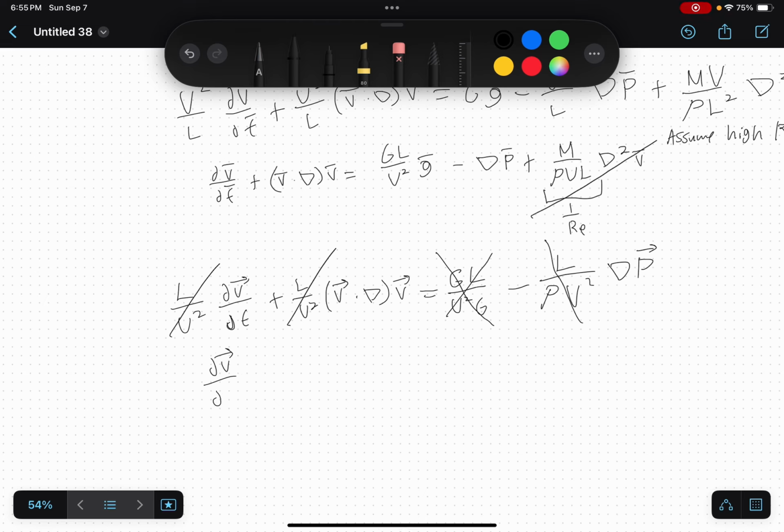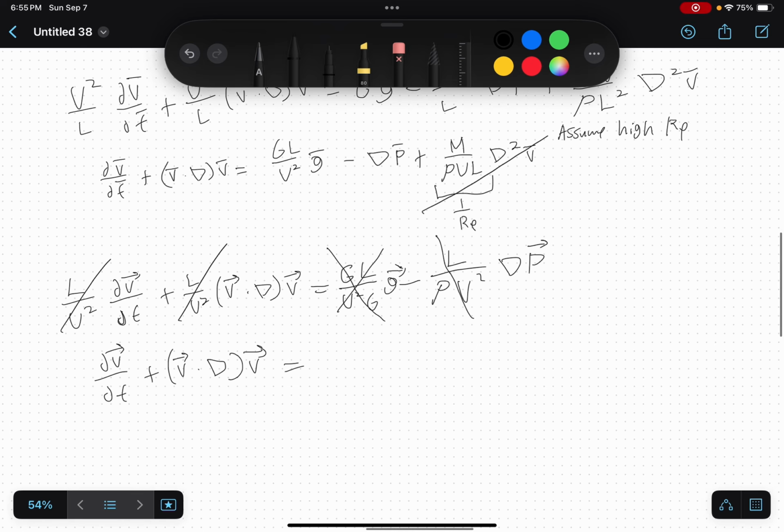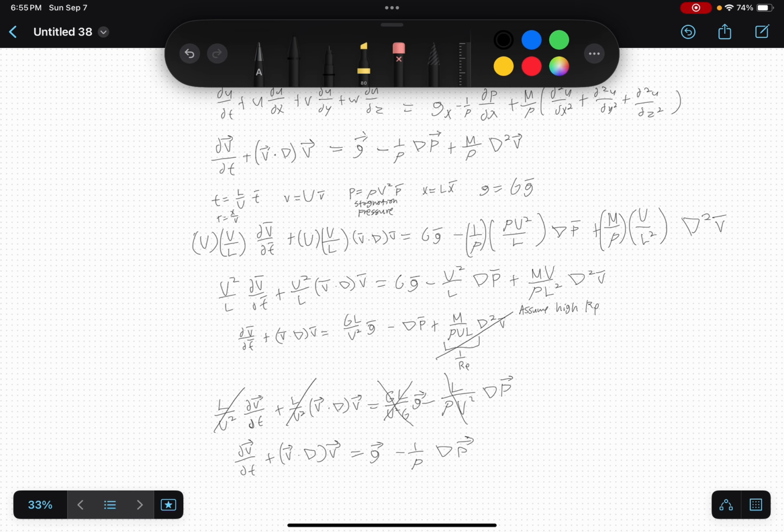dV/dt plus V dot grad V. I forgot the G. Minus 1 over density grad P. So in a lot of the videos I've seen, they just assume that the viscous terms go away, which is fine, but they don't explain the reason why they go away.